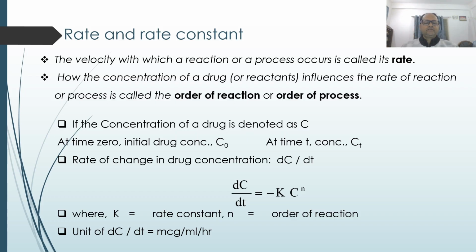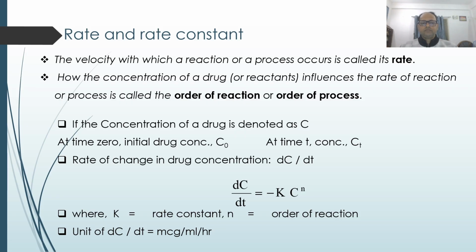Let's start. A common equation is there to describe the different rate processes. If the concentration of the drug is denoted as C, at time 0 the initial concentration is C0, and at time t the concentration is Ct.